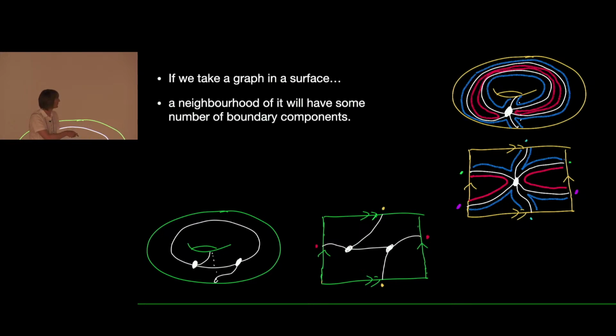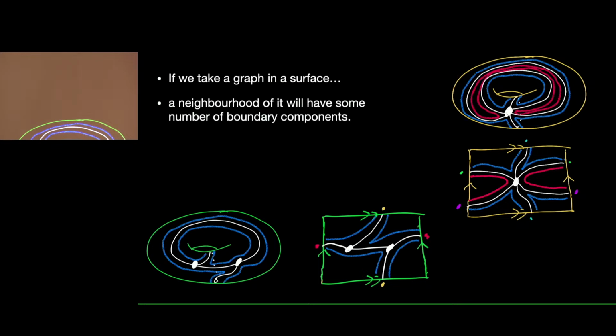I see, okay, so this is going to have two boundary components, one in pink and one in blue. But on the other hand, if I look at my embedded graph down here, well, this just has one boundary component, so I could come down here, up here. That would take me to there, and then back along, and then I'm back where I started.